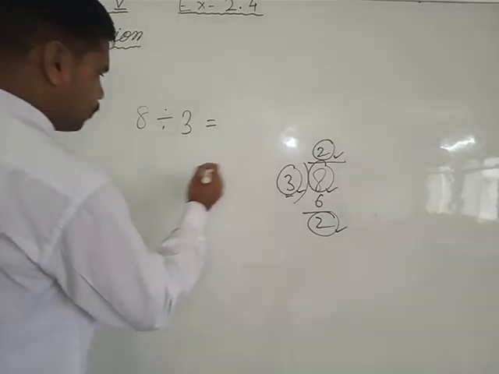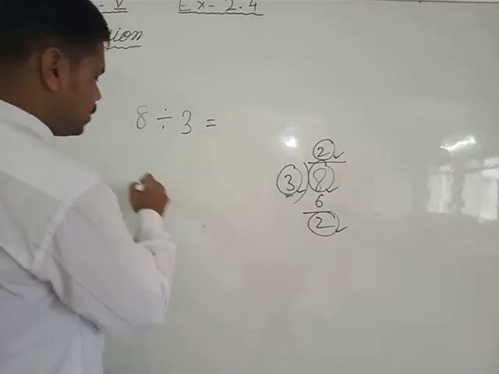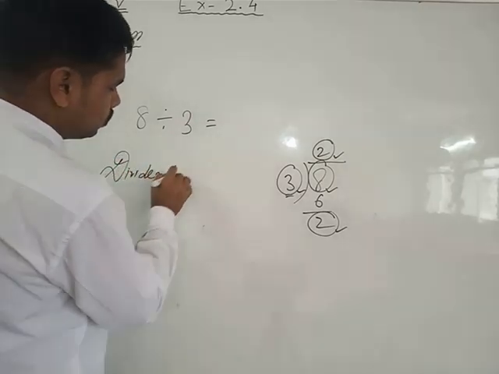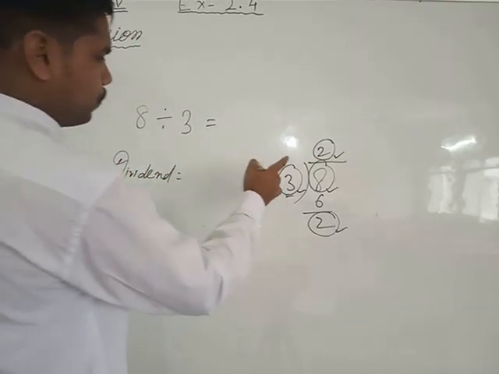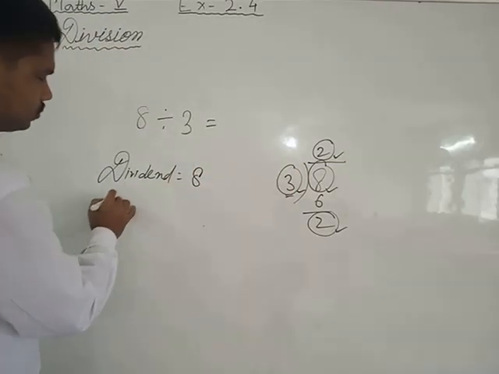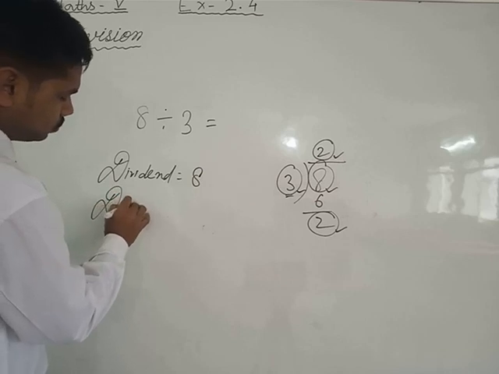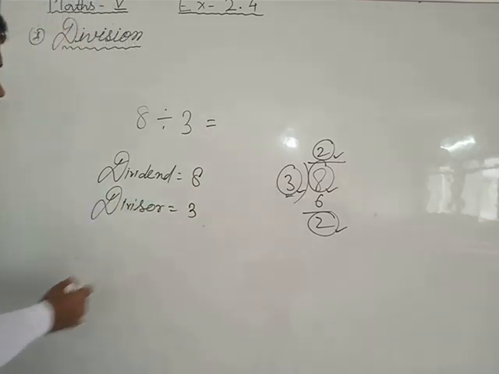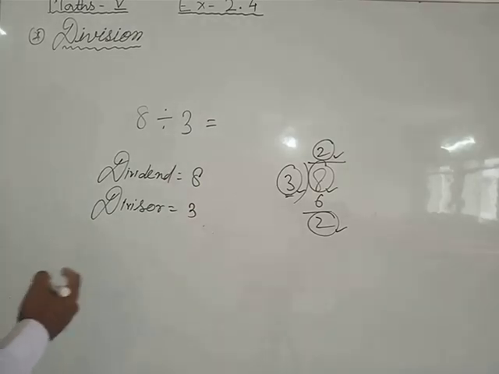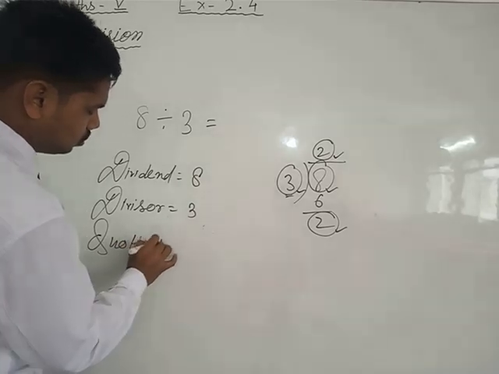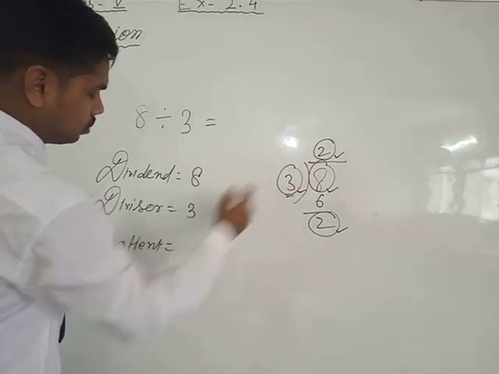So let's write. First is the dividend. Dividend is equal to 8. Then divisor is equal to 3. Then quotient is equal to 2.